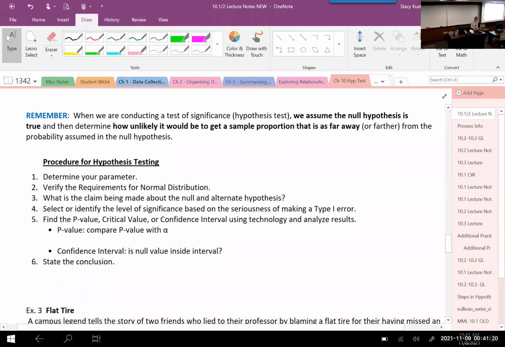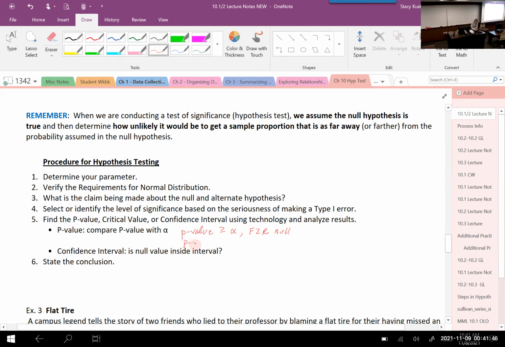Now, how do we compare the p-value with alpha? Add to your notes that if the p-value is greater than or equal to alpha, we fail to reject the null.